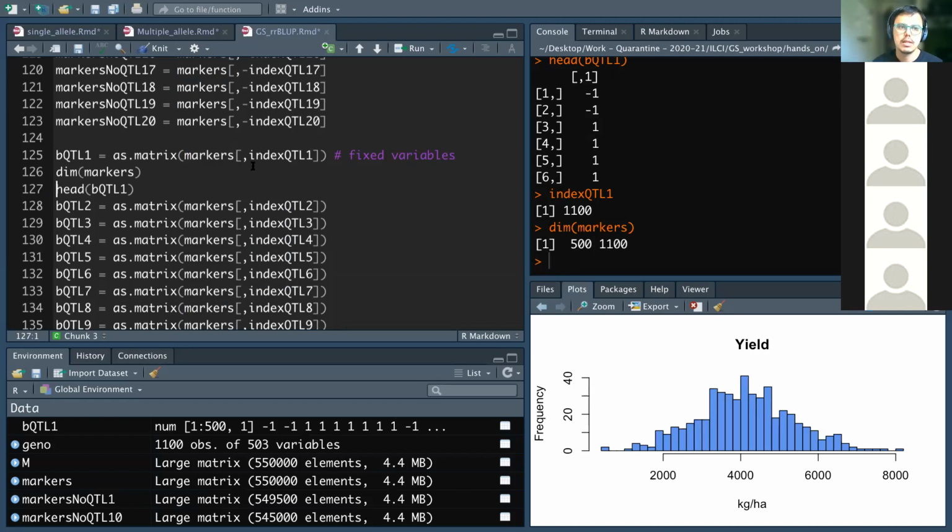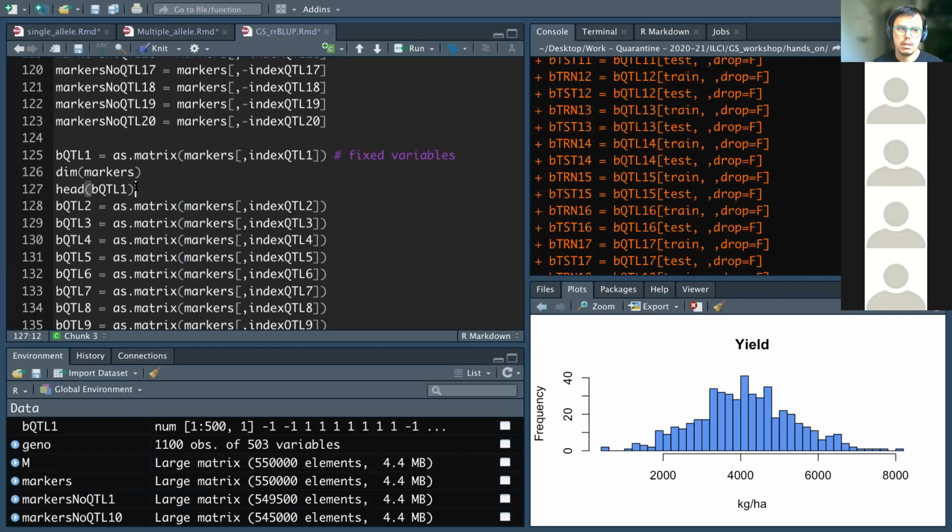So here basically we're just gonna extract the column 1100 from all the data set of markers. And with that, we're just gonna have one column.